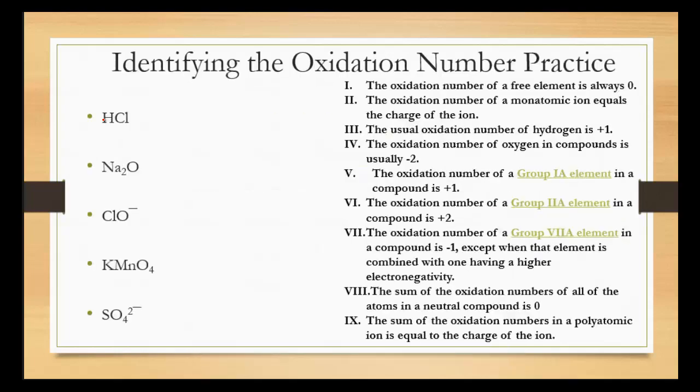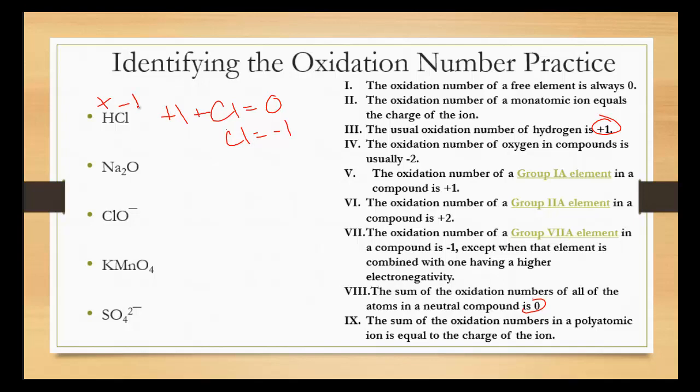Alright, so HCl. We'll just go through a couple of these practices. H is usually +1. So that means this is going to be +1. Cl, since the compound has to be neutral, has to equal 0. +1 plus Cl is going to equal 0. So that means Cl must then equal -1.